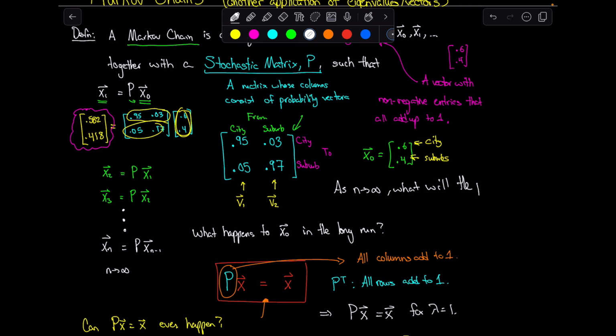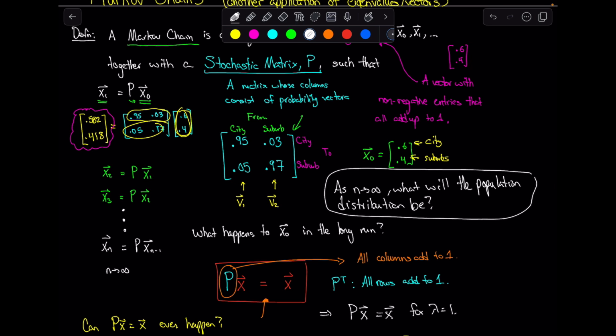That's the question that we're asking. What's the population distribution going to be?